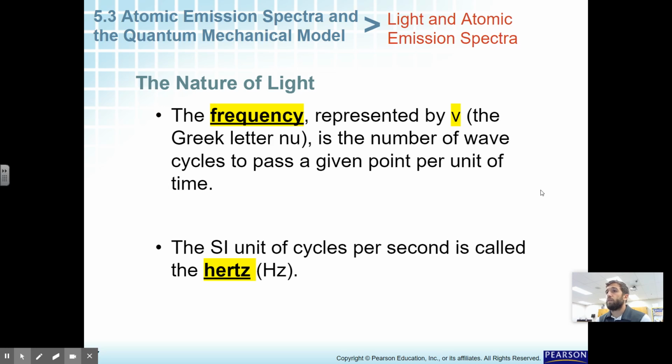That is the number of times a wave goes through in a certain amount of time. The SI unit for cycles per second is called hertz, and hertz is an inverse second, 1 over s, or s to the negative first.